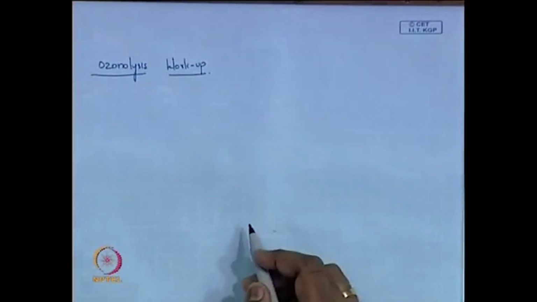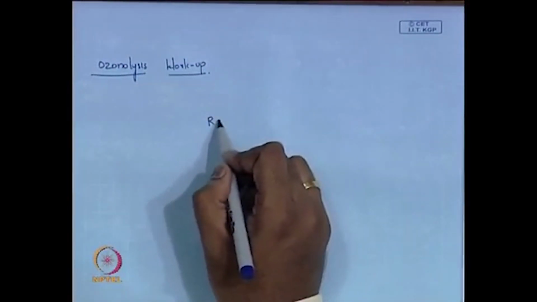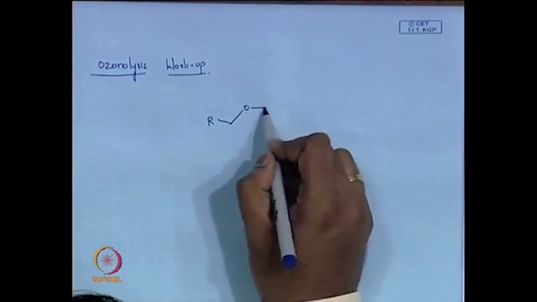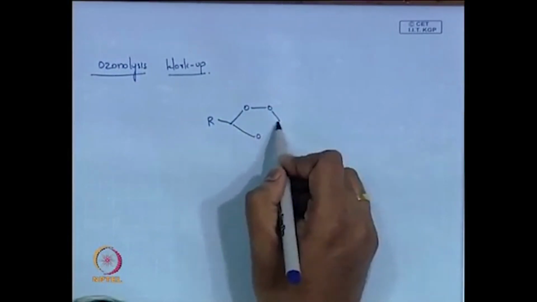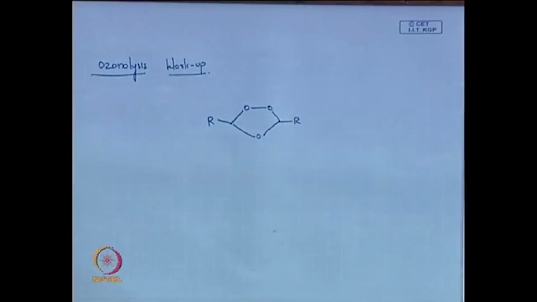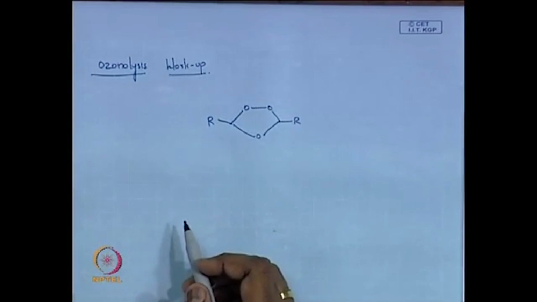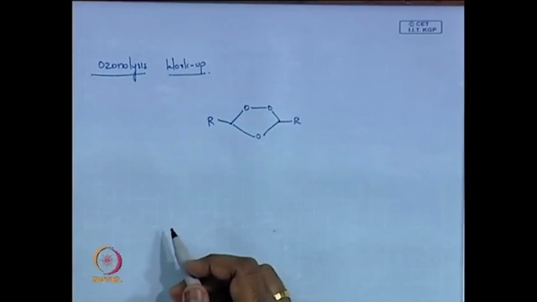How do you normally work up ozonolysis? What do you use normally? Let's study that.